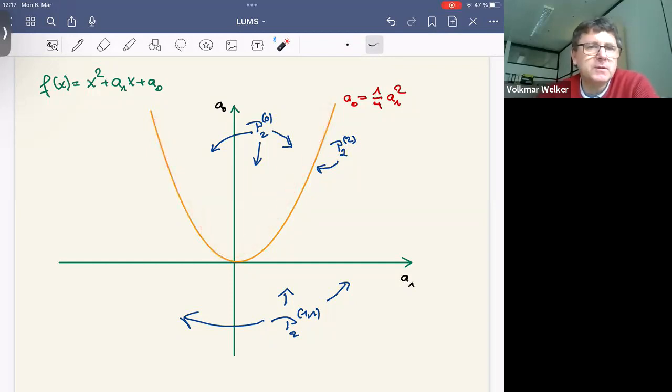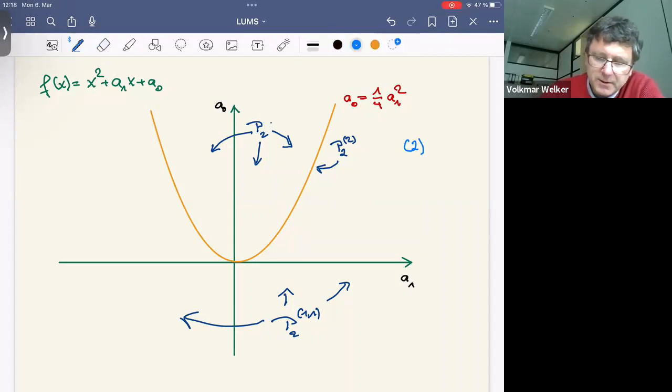But a double root in our notation with these root multiplicities corresponds to this root multiplicity 2. I have a single root with multiplicity 2. Okay, and then wait a second, that's wrong. Actually, I had a0 plugged in, and if you are above, then a0 is larger than 1/4 a1 squared, and then we have no real root.